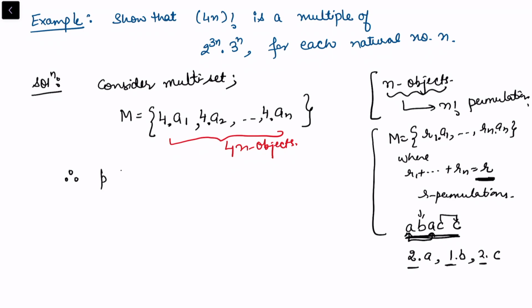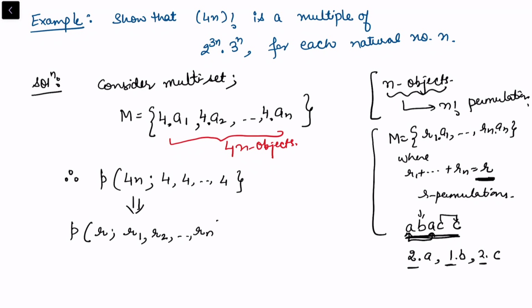Any permutation of these 4n objects, and of course how many times is it repeating? 4, 4. This is the repetition. Corresponding to this we could have written the R permutation: the first object appears R1 times, the second object appears R2 times, the nth object appears Rn times. This is the notation that I've used in the last video.